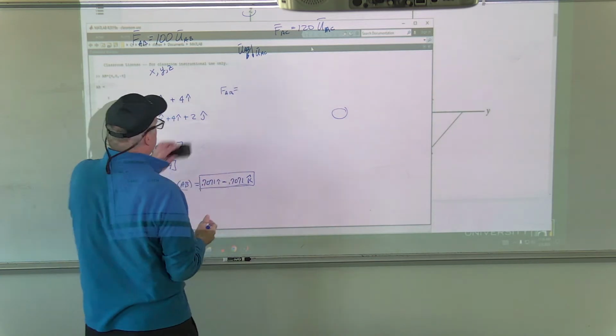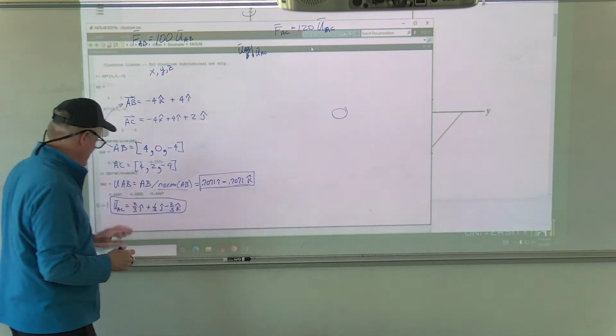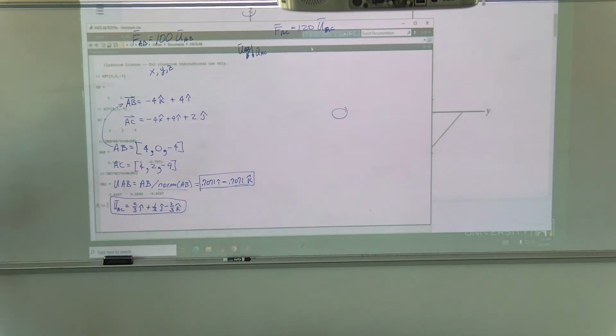in MATLAB. So I'll just go to MATLAB and type that in. FAB is equal to, now FAB had 100, 100 times unit vector AB, that's the actual vector now.